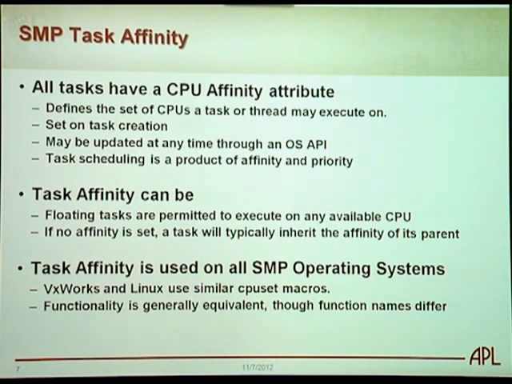It can either float, in which case it'll run on any core as CPU resources are available and using the normal priority allocations, or you can set the affinity to run on a specific core, or if you have more than two cores, a specific set of cores. The APIs for setting affinity are very similar in both VxWorks and Linux. The semantics change a little bit, but the functions are basically the same.